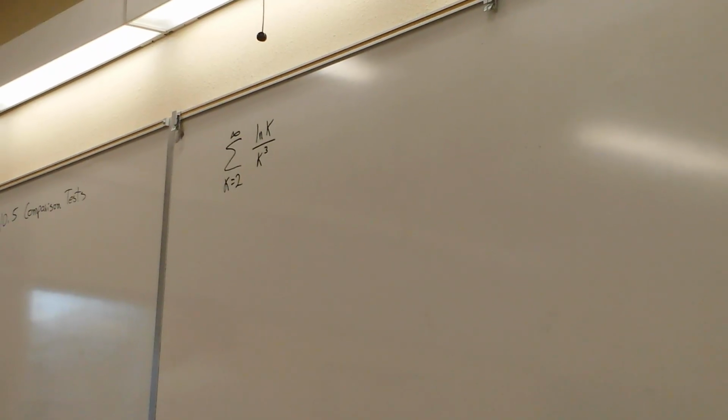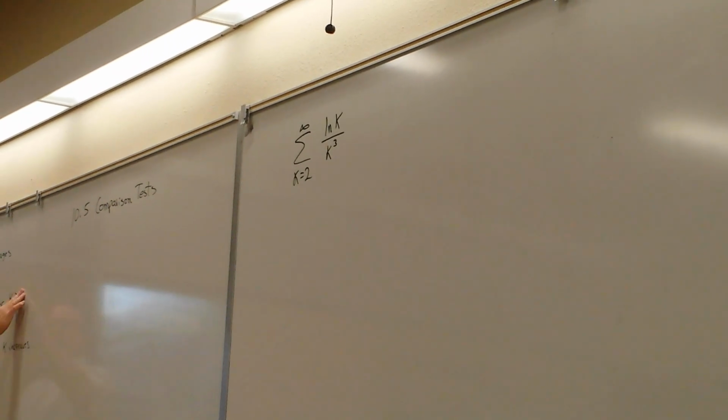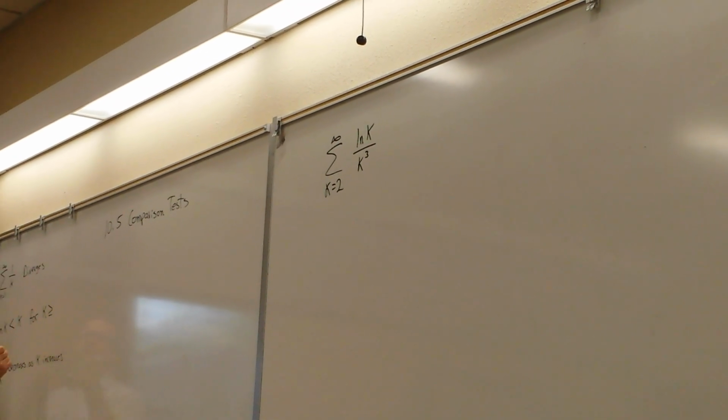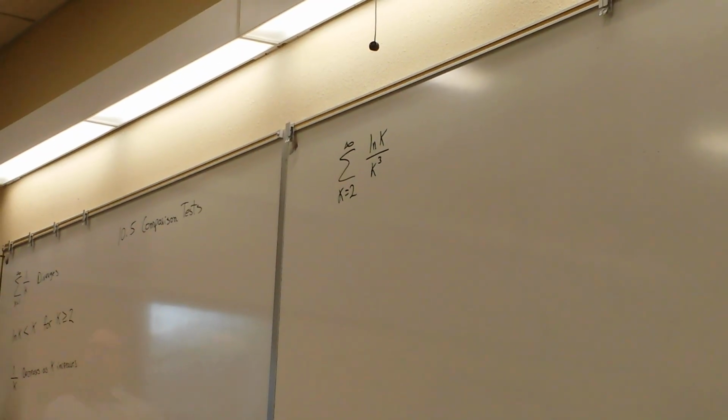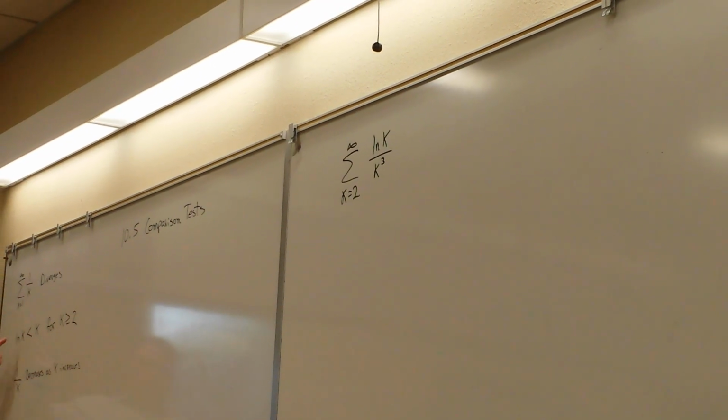You know what, I think I should have said k greater than or equal to 3, that's true, but it could be a 2. Yeah, it could be a 2.